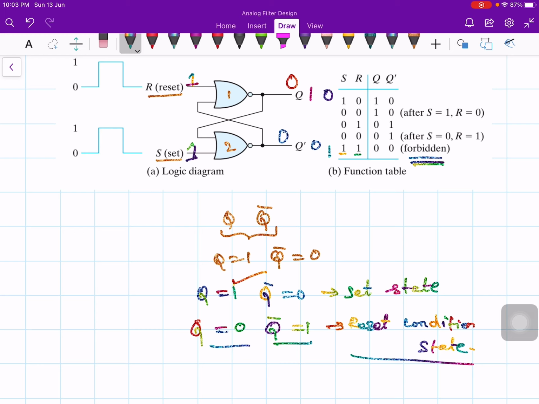If both are 1 1, then what is going to happen? It will enter into 0 0. Therefore this is called an unpredictable or undefined state. Sometimes people call it the metastable state.